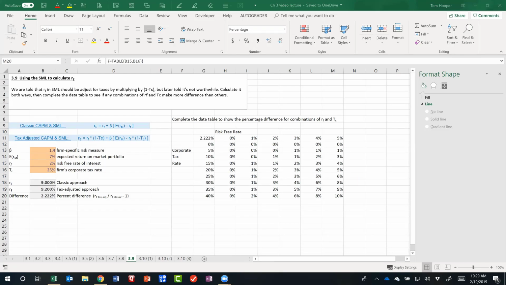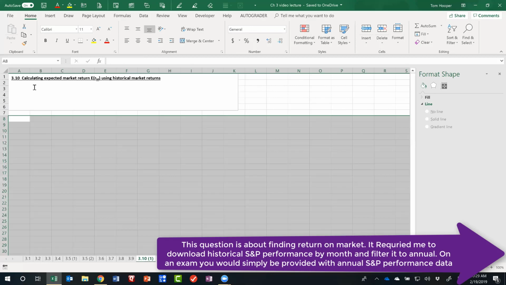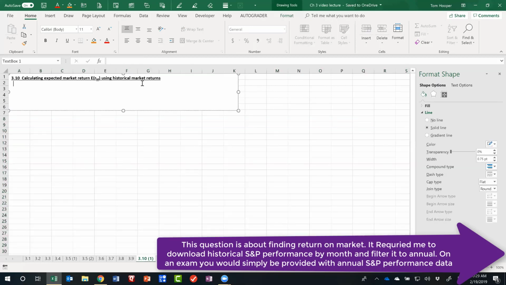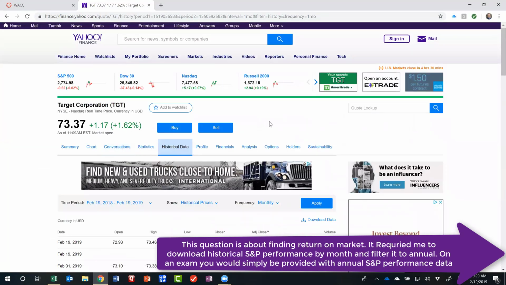Okay, so the question was about finding the return on the market. So we want to calculate the expected market return using historical market returns. And so let's go back to Yahoo and find some historical market returns.